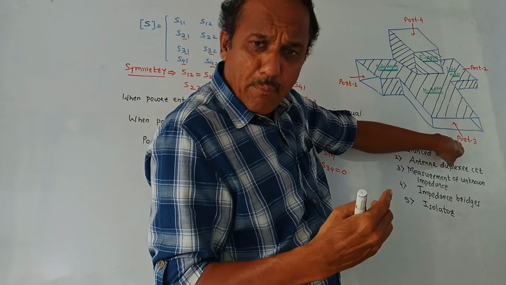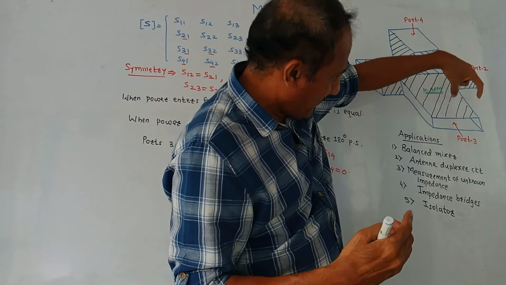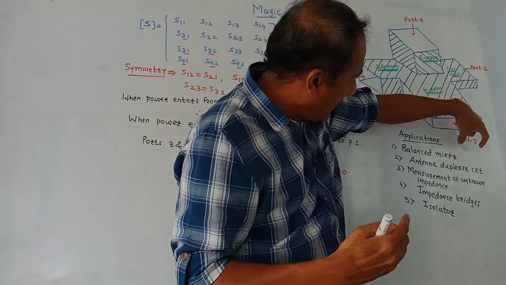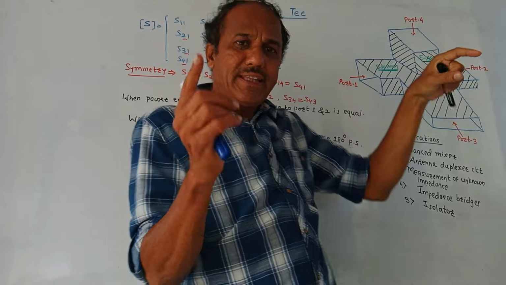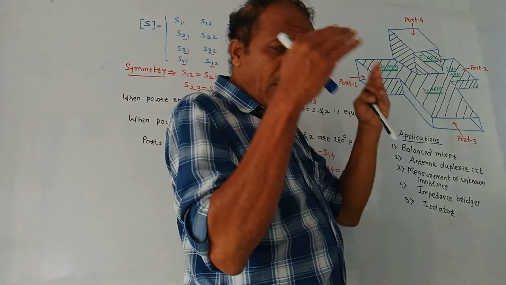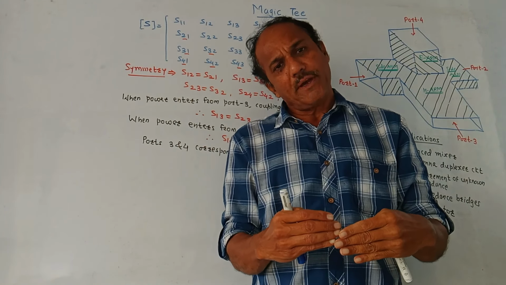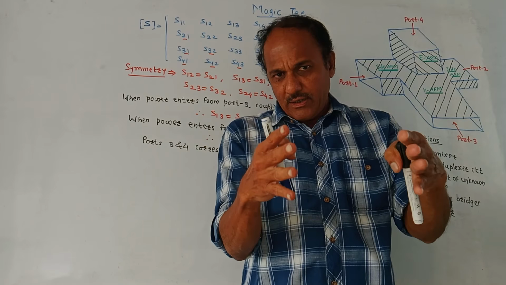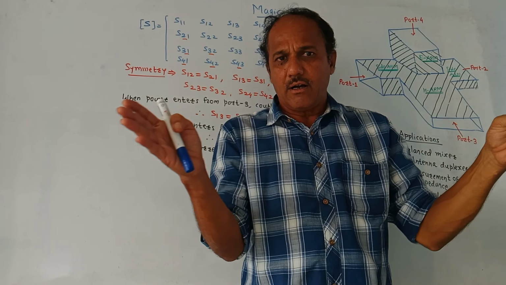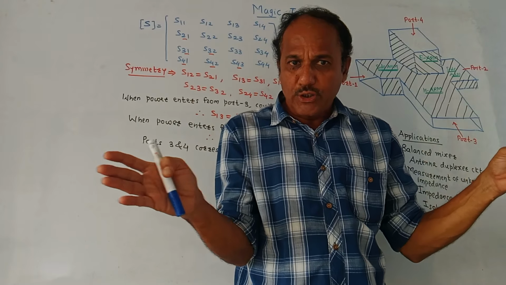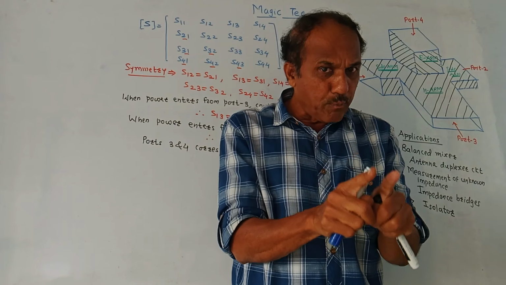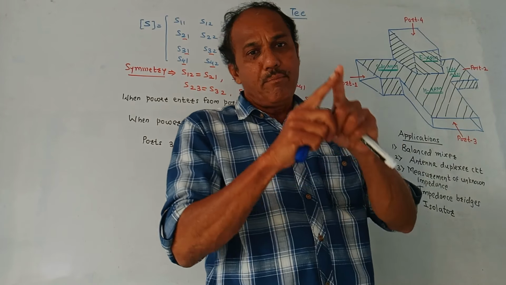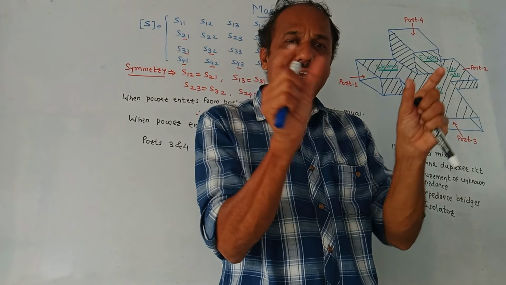Opposite case, if you apply power to port 3, look at the diagram. Port 3 is corresponding to H arm, that is H plane T. We know that the characteristic of H plane T is that if you apply power at one input port, then you are getting output power from both the ports, but these output waveforms will not be out of phase, they will be in phase.